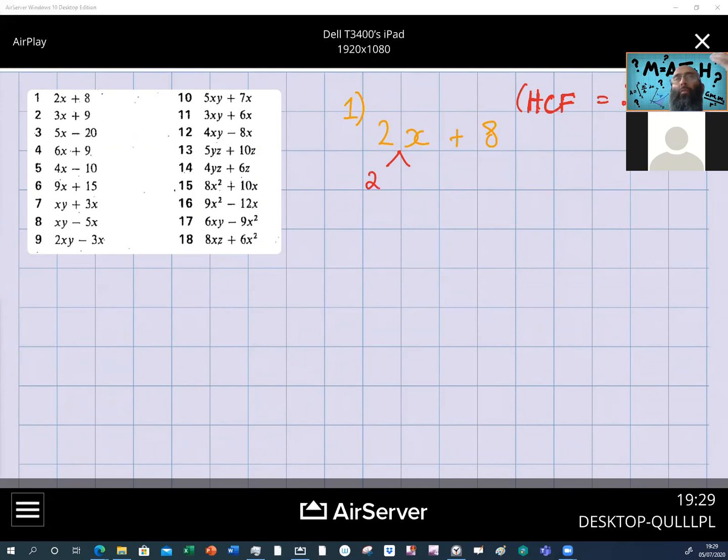So 2x will divide by 2 and will divide by x. They are what we call a factor pair. Number 8 divides by 2 and 4. That is another factor pair. The reason why we picked 2 is because 2 is the biggest number that they both share. So I'm going to highlight that here and pull it out over here.